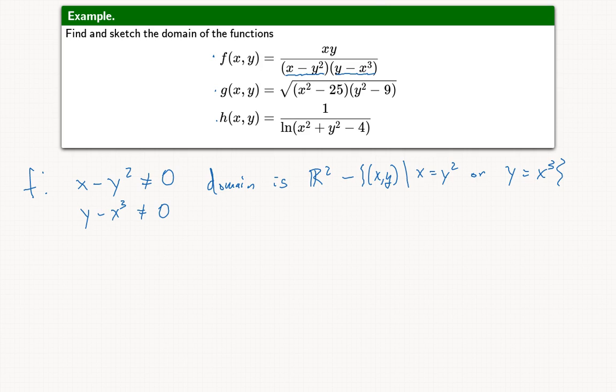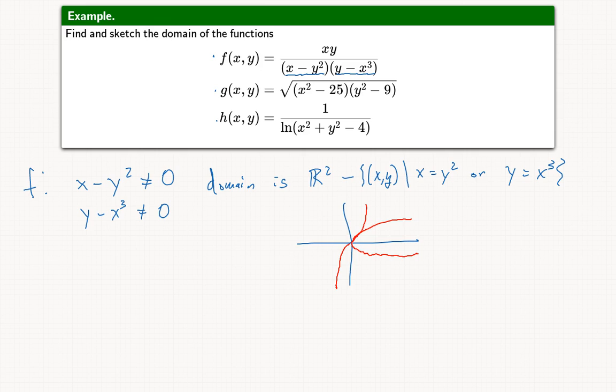So a picture of that: this is R2, then the curve x equals y squared would be this, and the curve y equals x cubed will be this. So the domain is everything except for these 2 red curves.